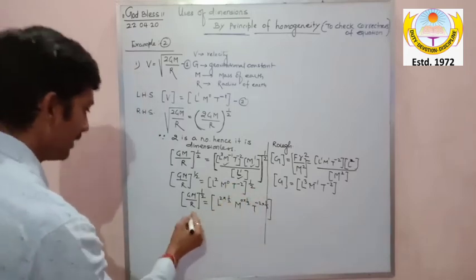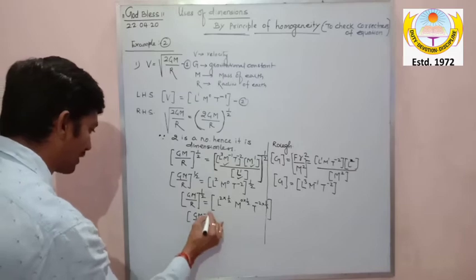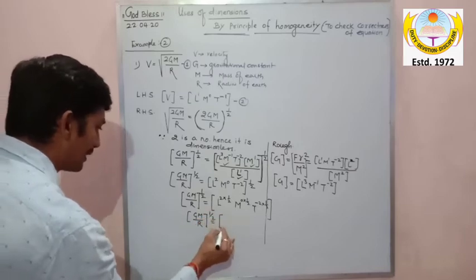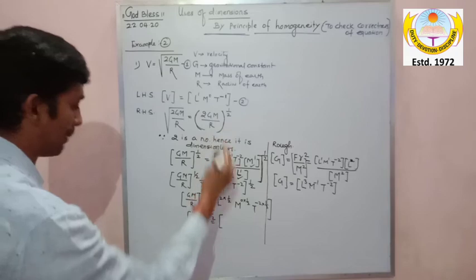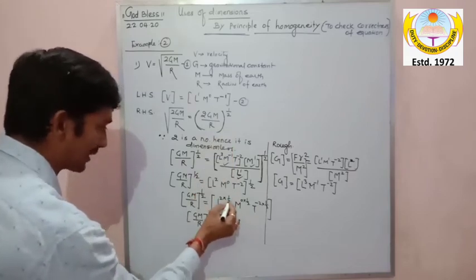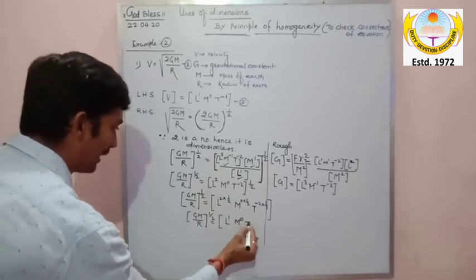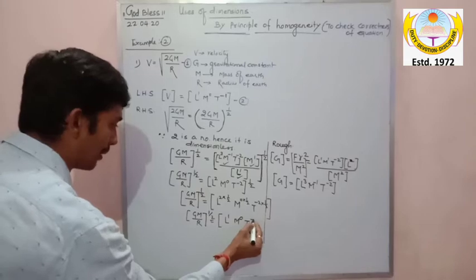You can see. So what is the dimension of G M by R whole power half, sir? The dimension of G M by R whole power half is L power 1 because 2 and 2 cancel. So it is L power 1. 0 into half is 0 only. And T power minus 2 into half will be minus 1.